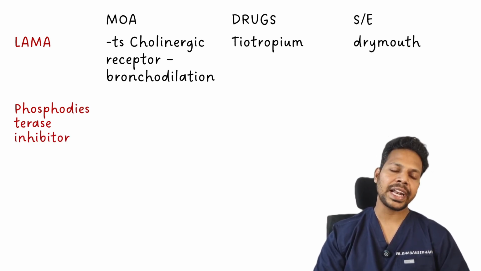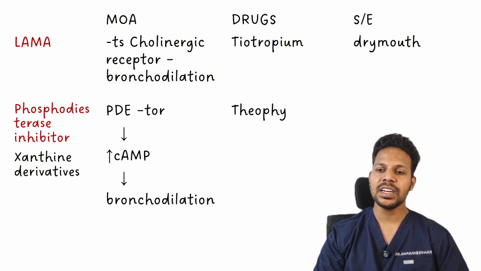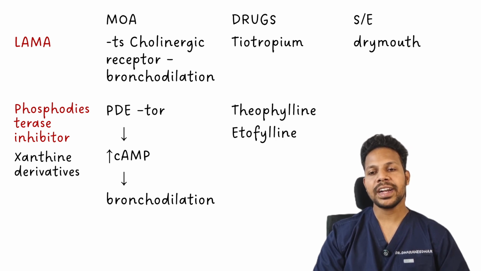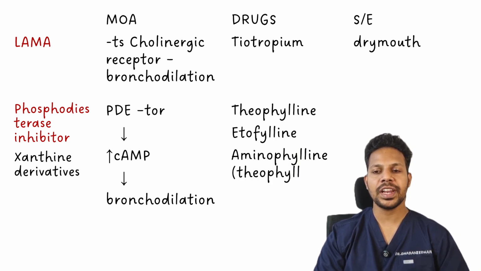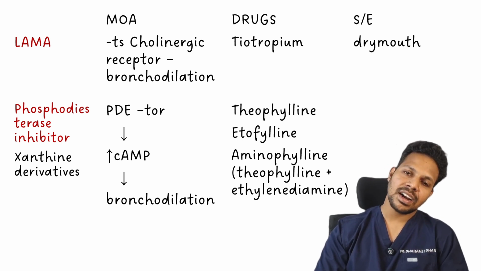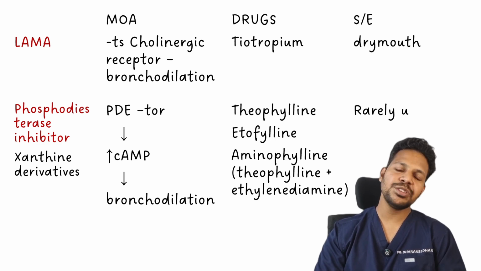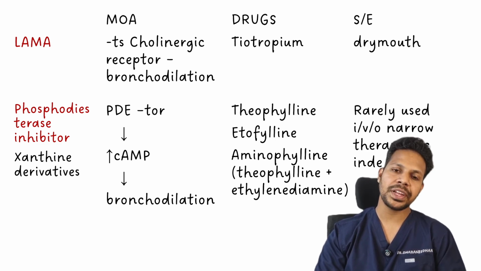Theophylline, etophylline, and aminophylline are the drugs which are included here. These drugs are also going to increase the cyclic AMP mediated bronchodilation. Aminophylline is a combination of theophylline and ethylenediamine. These drugs are rarely used now because of their narrow therapeutic index.